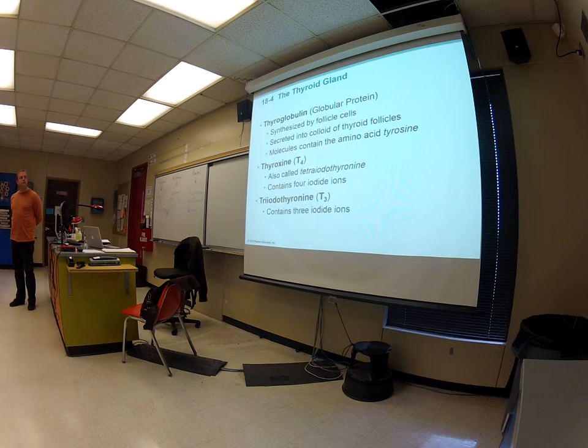Boom, there you go. Triiodothyronine. That's T3, and then thyroxine is T4. Okay? Contains 4 iodine ions, and then the other one contains 3 iodide ions. But yeah, what are they secreting? There's what they're secreting.